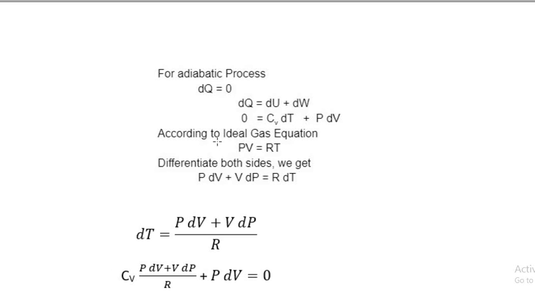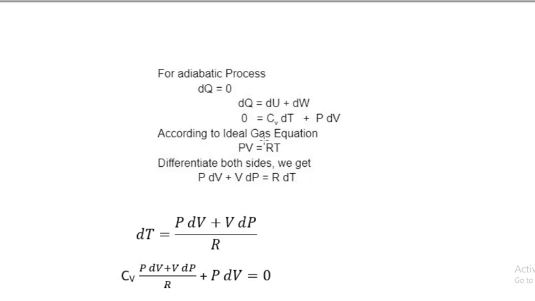According to ideal gas equation, PV is equal to RT. Now you differentiate both the sides, we get P dV plus V dP is equal to R dT. R is a molar gas constant.